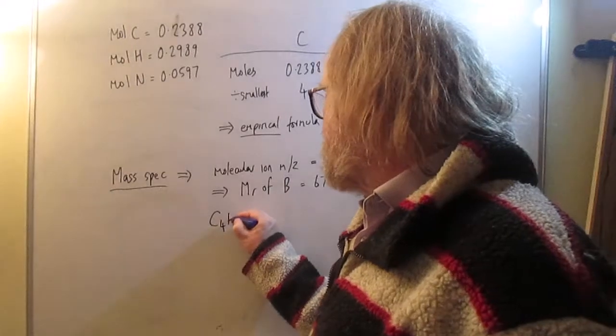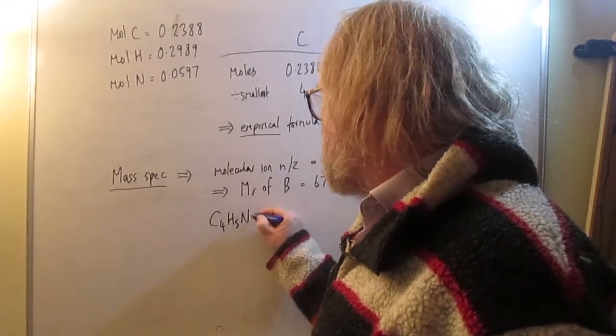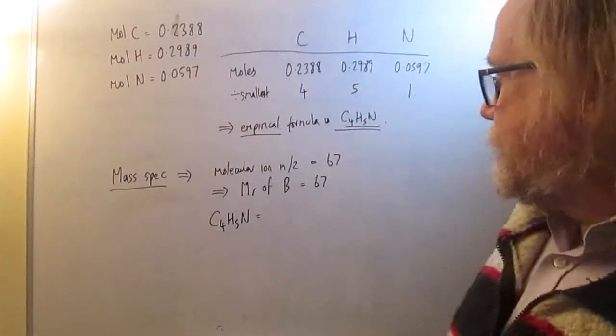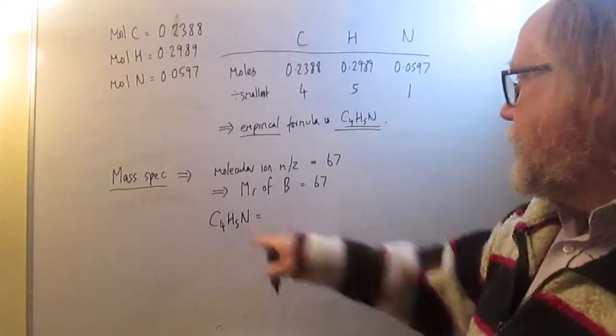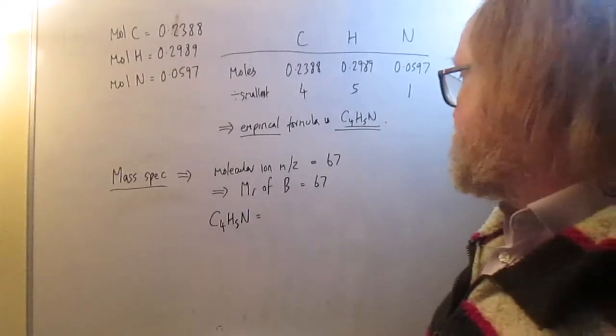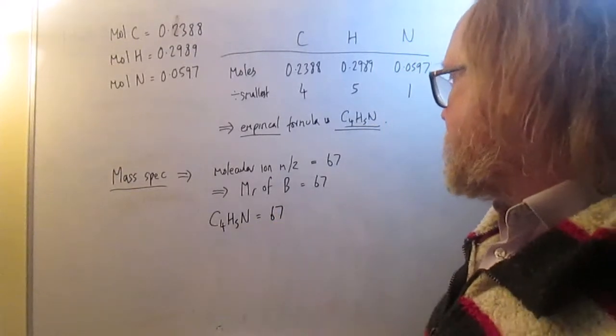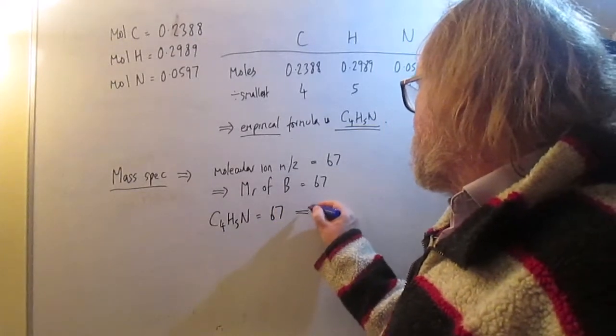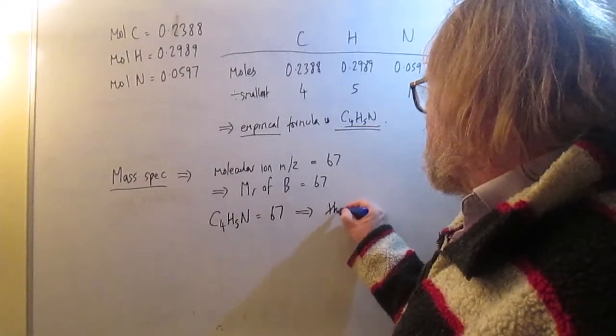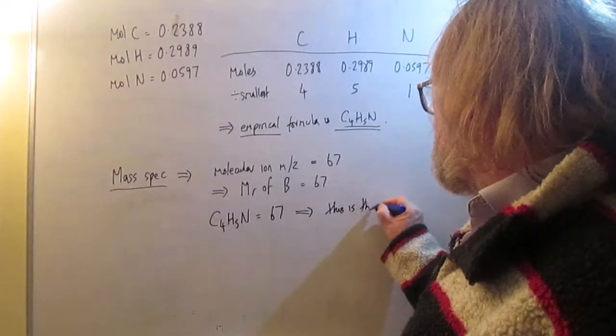So you say, right, C4H5N, so 4 12s are 48 plus 5 is 53 plus 14 is 67. Okay, which agrees. So in this case, that means that this is the molecular formula as well.